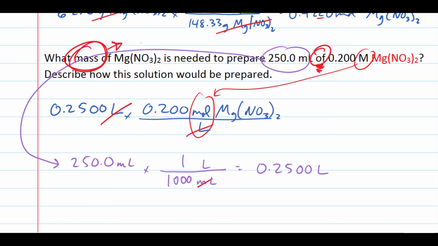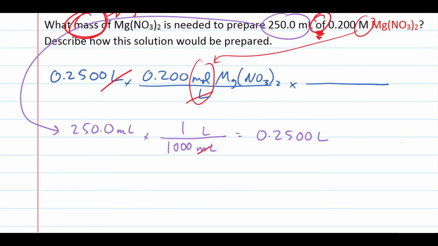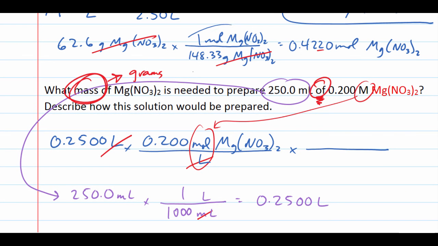And mass is measured in which units? Grams. So in other words, we want to know how many grams. So we should be able to take the number of moles here and convert it to grams. And how do we convert from moles to grams? Use the molar mass. And we already calculated that right up above.